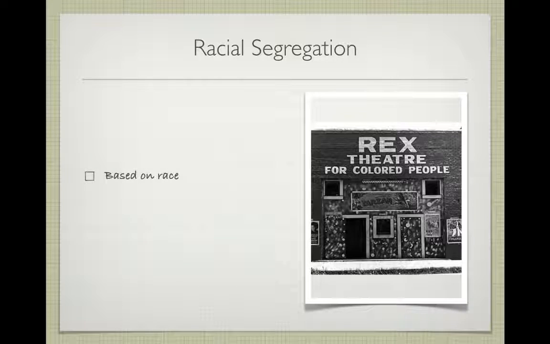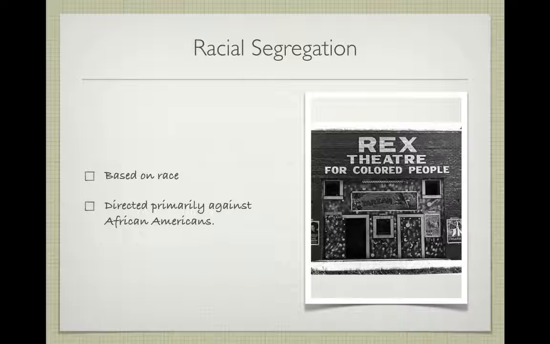And what it means is basically, based upon race, and primarily directed against African Americans, you have the division. Whites could attend this theater while blacks could attend these theaters. Or if it was the same theater, they'd be separated in the same building. This is when you had the segregation of the drinking fountains that you saw above, or bathrooms.